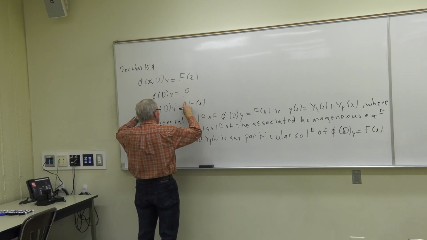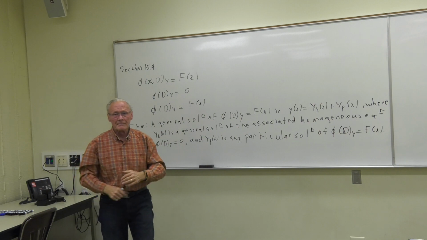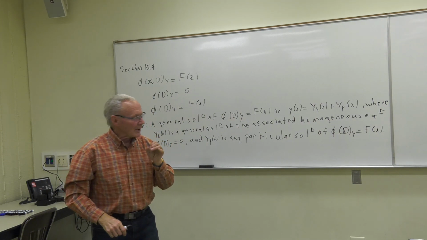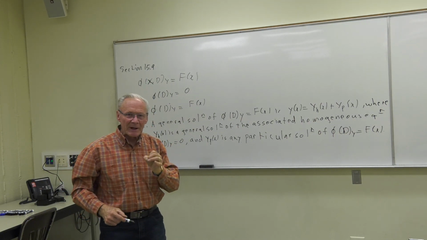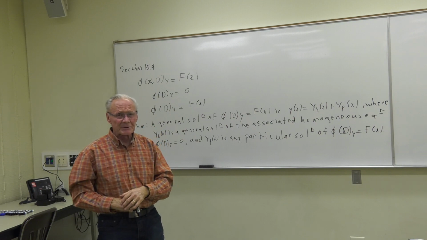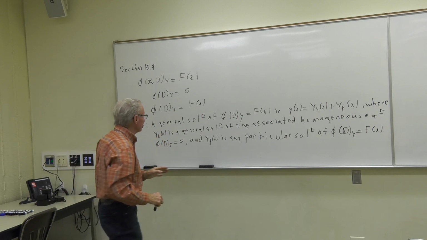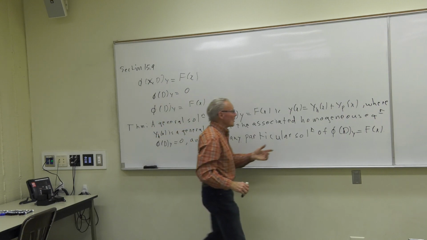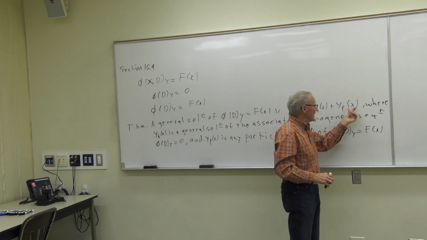Find any particular solution that you can and add the two together, you're done. So we're going to concentrate then on finding particular solutions, because we know how to find the y sub h. We're concentrating on finding a particular solution.